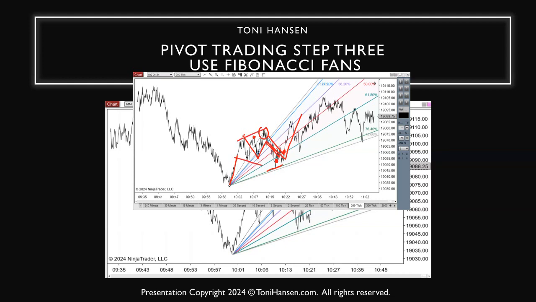Overall, we still have a time correction, not a price correction. So when we transact that megaphone that's forming, we basically have a flat correction, just similar to what we would have in a Phoenix.